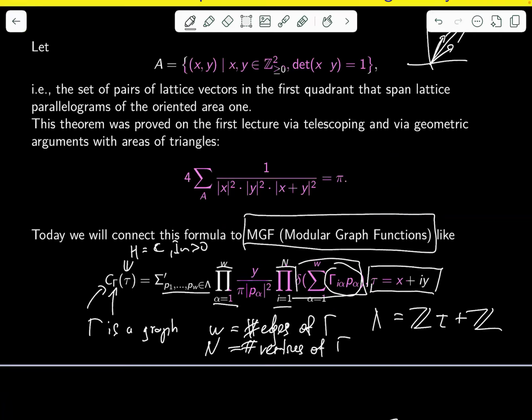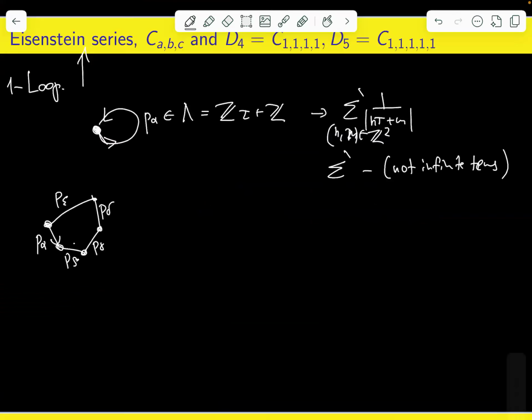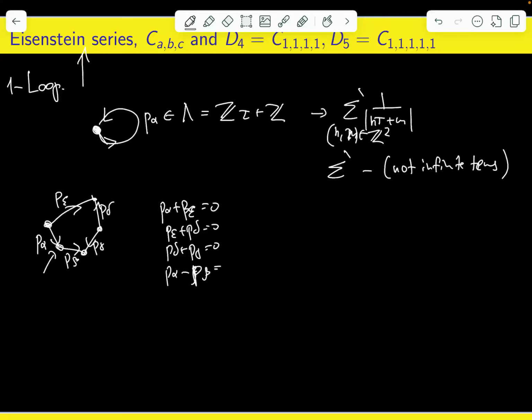For example, if on this picture I have some orientation, then I should have p alpha plus p epsilon is 0, p epsilon plus p delta is 0, p delta plus p gamma is 0. But here I have p alpha minus p beta is 0. If I switch the orientation of an edge, I change the sign of the label.